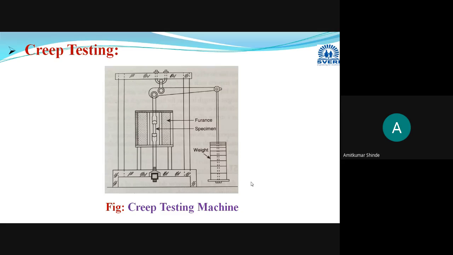So this is the purpose of conducting the creep test, so that we can clearly understand which material is suitable for higher temperature conditions and how much stress it can withstand.